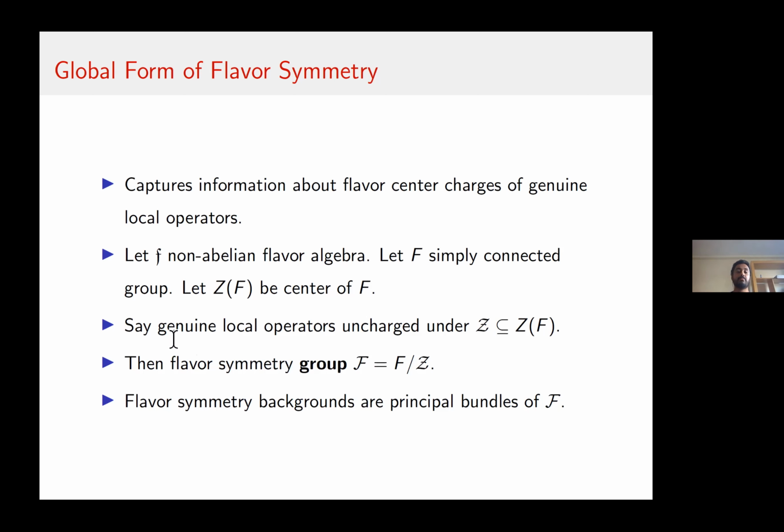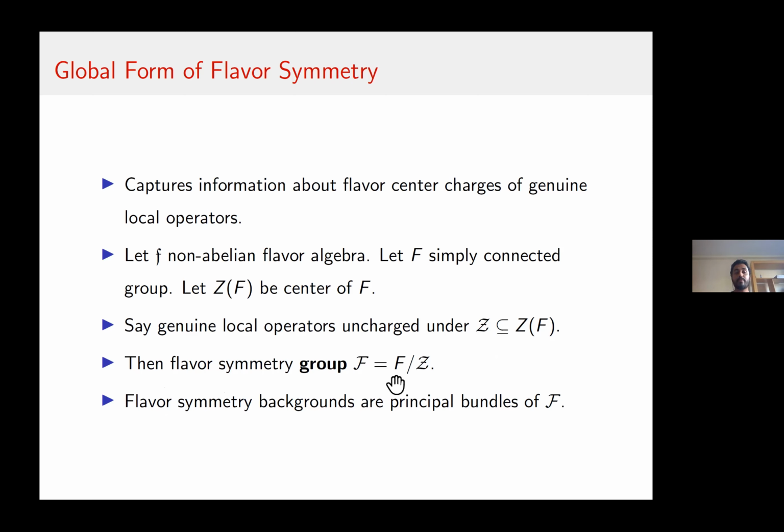And now say that you have a theory where the genuine local operators in the theory are just uncharged under a subgroup of the center, curly Z. Then the true flavor symmetry group of the theory is actually given by curly F, which is obtained by taking capital F and modding out by this subgroup curly Z. And indeed, you can turn on flavor symmetry backgrounds in such a theory, which are principal bundles of the curly F, which are more general than principal bundles for capital F.